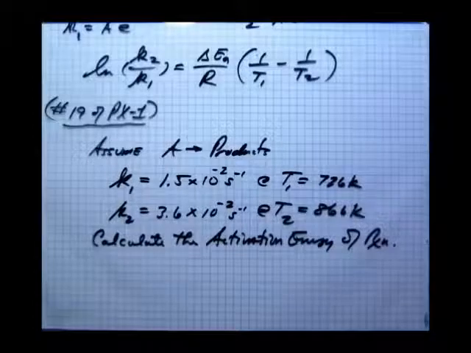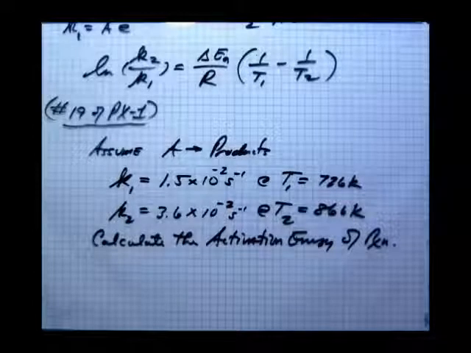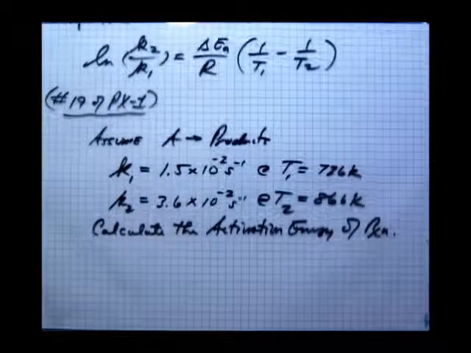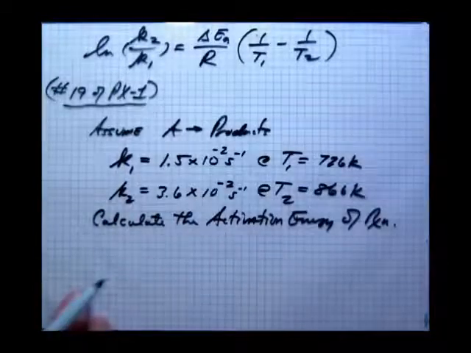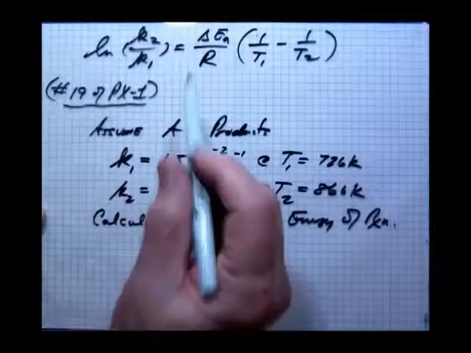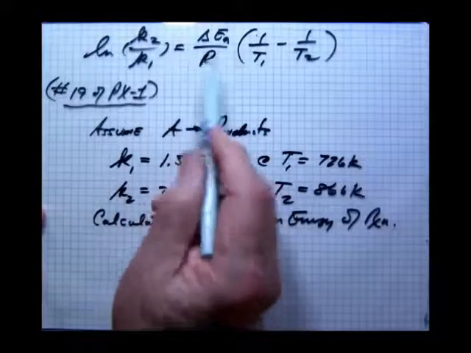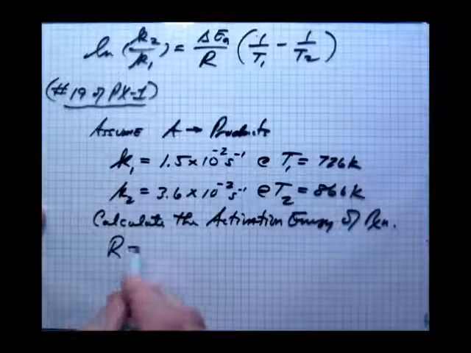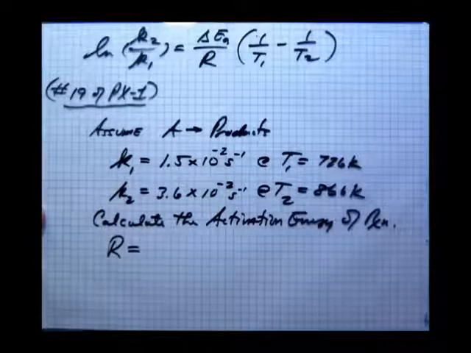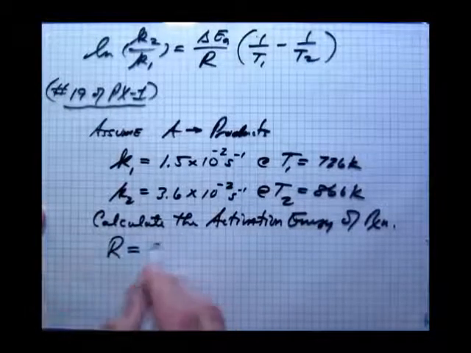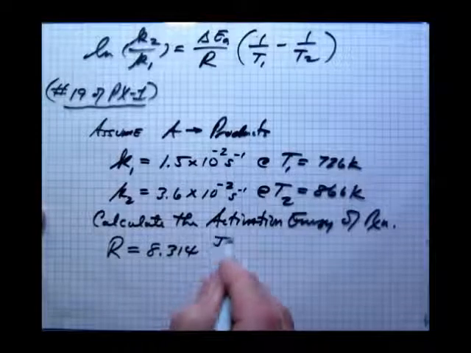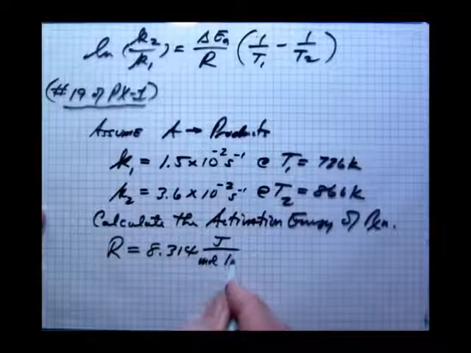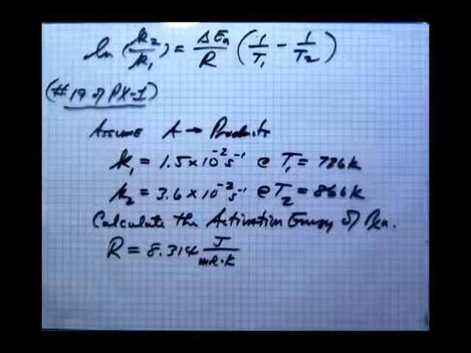Now you're going to have to learn the equation. Derivation is more than what we really need. So if you look at this equation, the only thing we haven't talked about is the R value right here. R is the gas constant in thermodynamic terms, which is 8.314 joules per mole Kelvin.